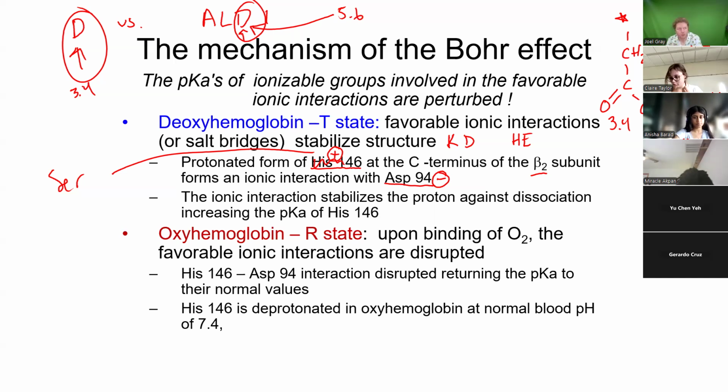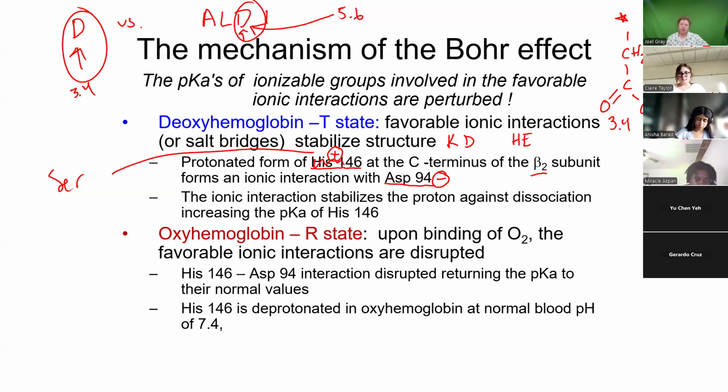So let's imagine if our pH goes down. We got to zoom out for a minute. We went really detailed, and now we got to go back out. We know that His 146 and aspartate 94 have an ionic interaction going on. And if O2 binds, then that's going to disrupt that interaction.